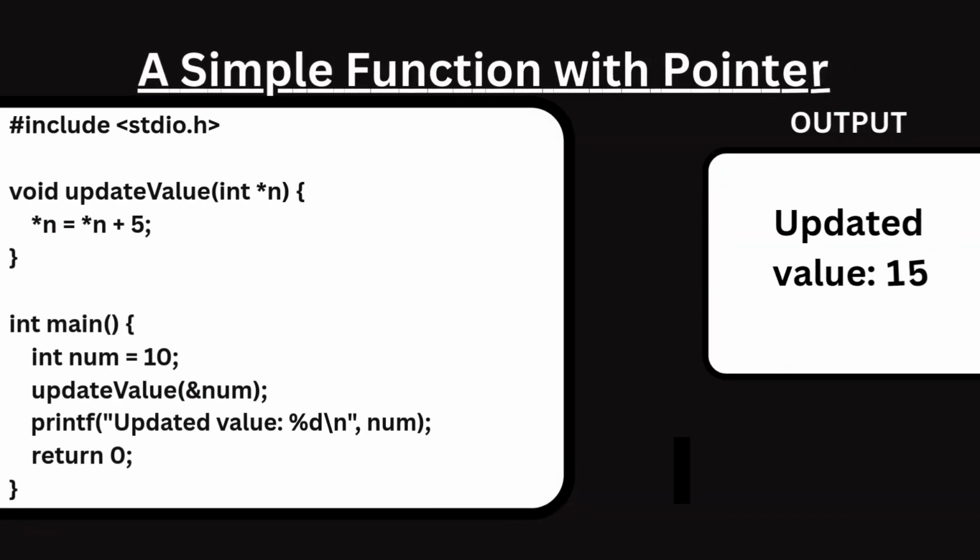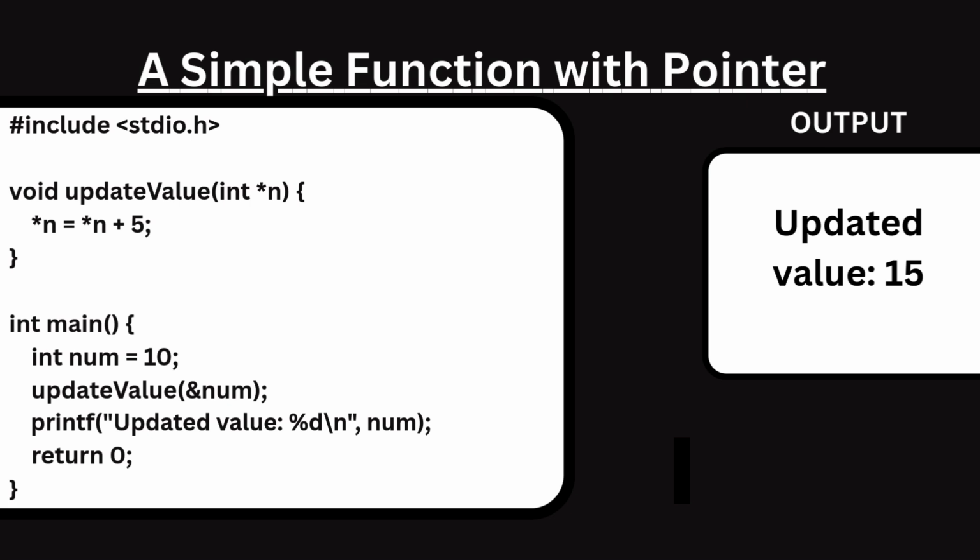So let's now jump to the next slide, which will be about using pointers in functions. We will explain this using an example program. Now let's go through this program. Step 1, declare a variable: int num = 10.